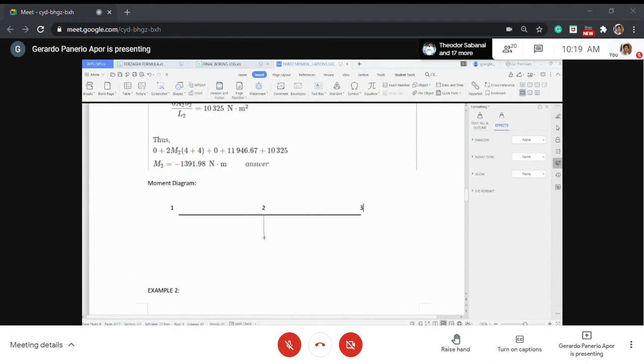There's a moment here. The moment here is M2 equals to minus 1391.28 Newton meter. Okay, this one is a subscript.